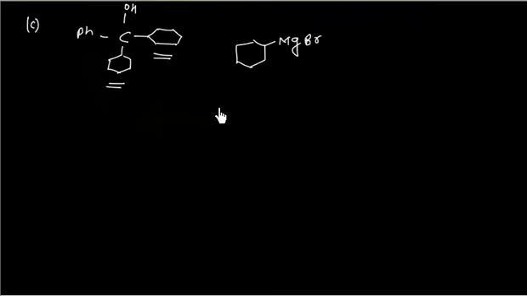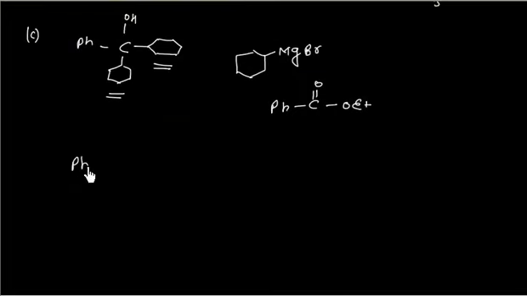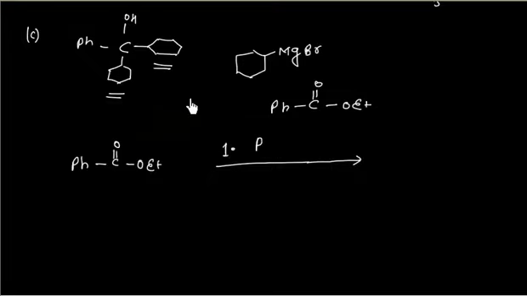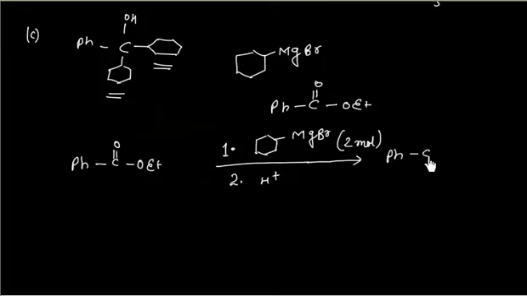And if this is treated with either acid chloride or ester, let us say this time ester, if I take this ester, that is PhCOOEt, and if I treat this ester with Grignard reagent, two equivalents, the Grignard reagent is cyclohexyl MgBr, we have to consider 2 moles. On further acidification, we will get the desired tertiary alcohol.